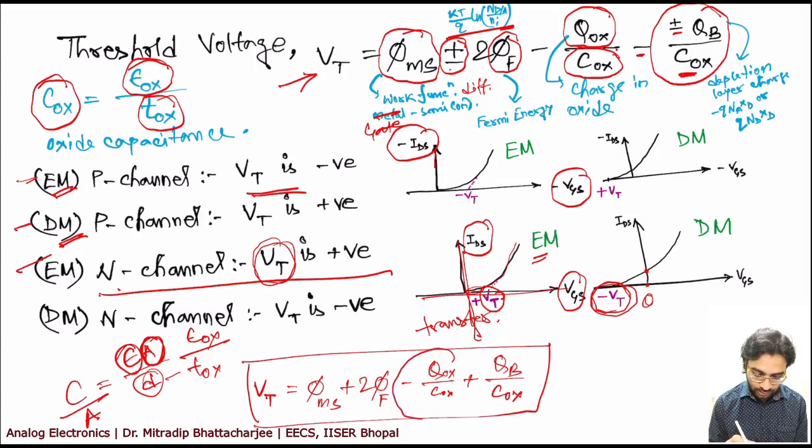Sometimes you will find people don't consider this term because the Qox value is very small. So many people don't consider this term. So you will find in some books it is written Vt equal to phi ms plus 2 phi f plus Qb by Cox. Qb means depletion layer charge. So this is the value of your threshold voltage.